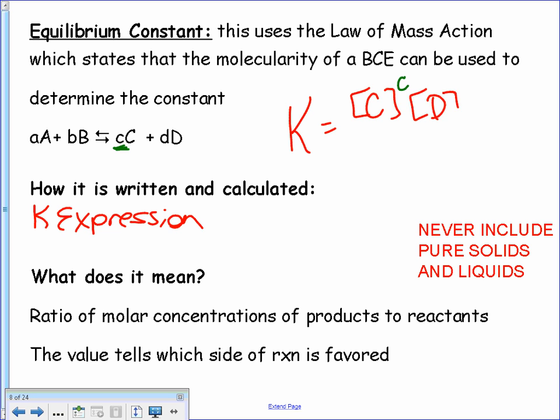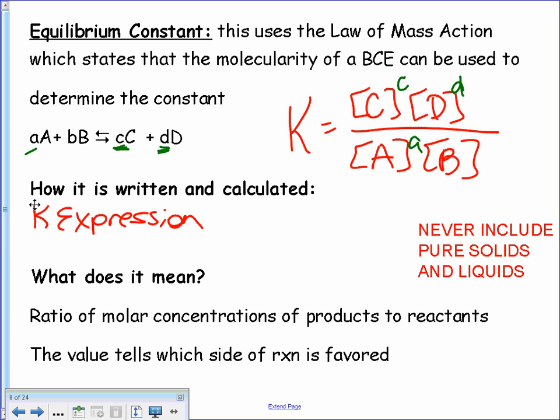Capital D raised to the little d power. So the coefficients in the BCE are important. That's why I want to make sure you balance it first. Those are the product concentrations divided by the concentration of A raised to the little a power, and the concentration of B raised to the little b power.